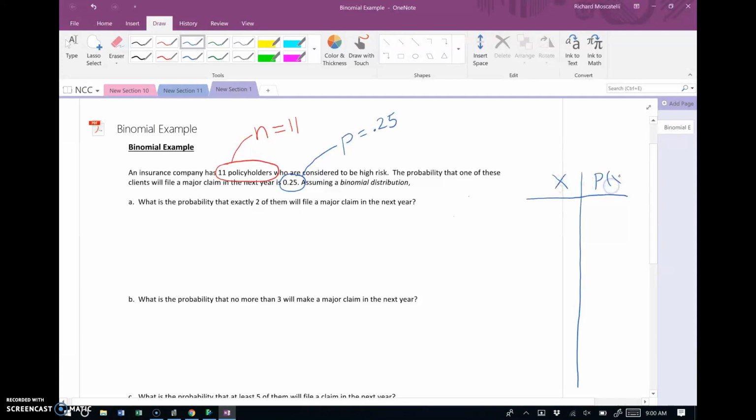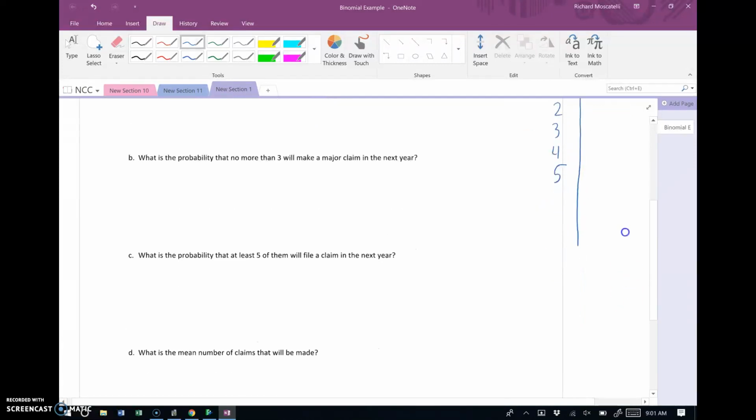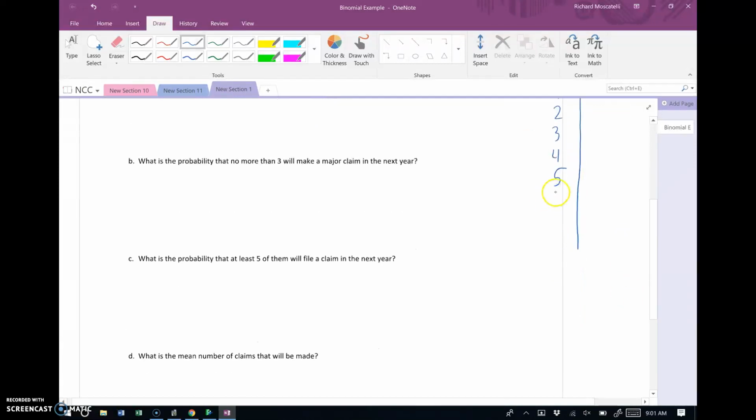So if you're looking at 11 people, maybe none of them will file a claim in the next year. It's a possibility. Maybe one person could, and so on and so forth. I mean, all 11 of them, of course, could file a claim, which I think would be a little unlikely, but it's an event that can happen here, so we're going to include it in our sample space.